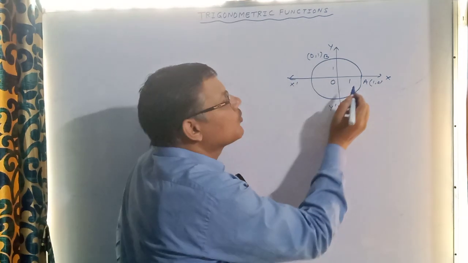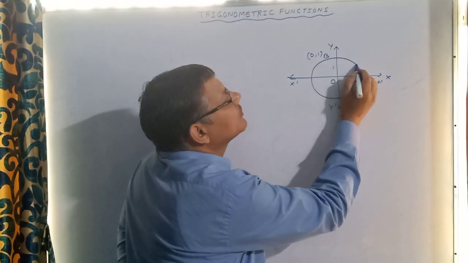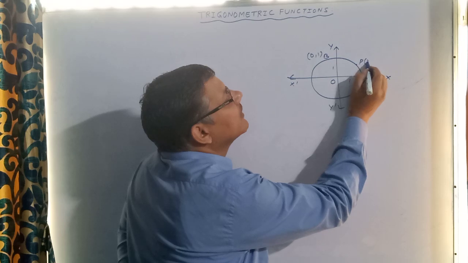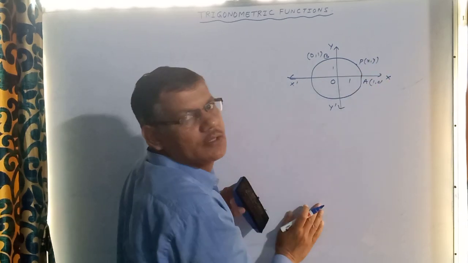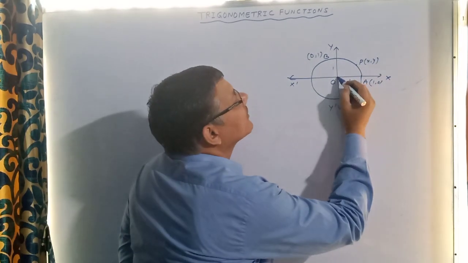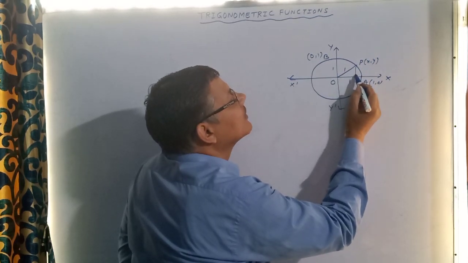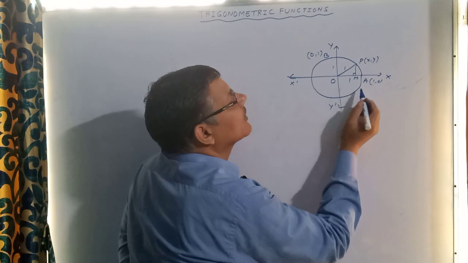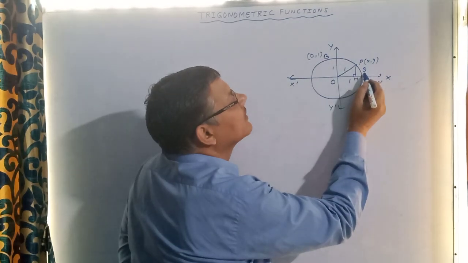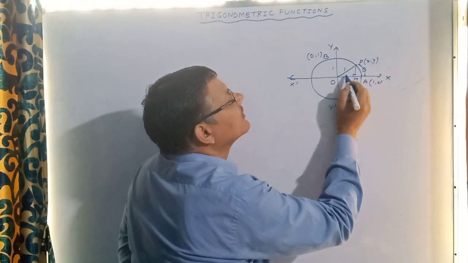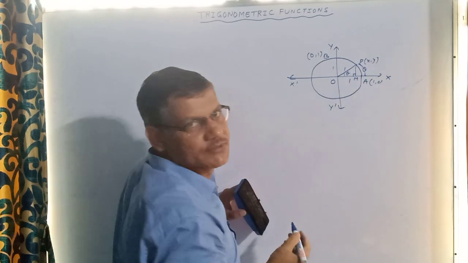If any point moves from this position to point P, let the coordinates of that point be (x, y), then OP will be 1, and when we draw the perpendicular, this is the perpendicular. If this is theta, then definitely this angle comes as theta.